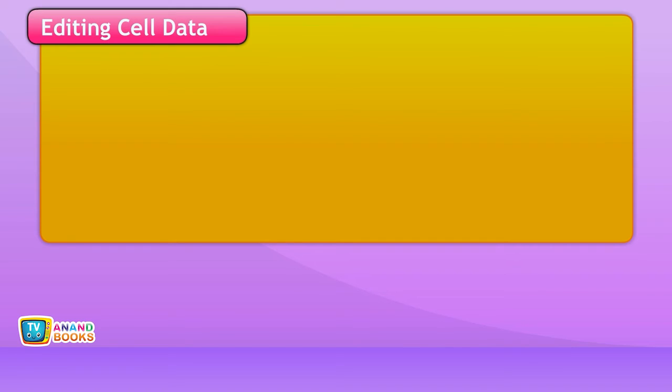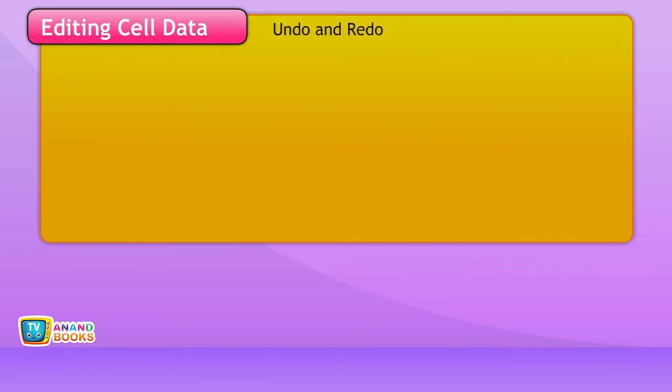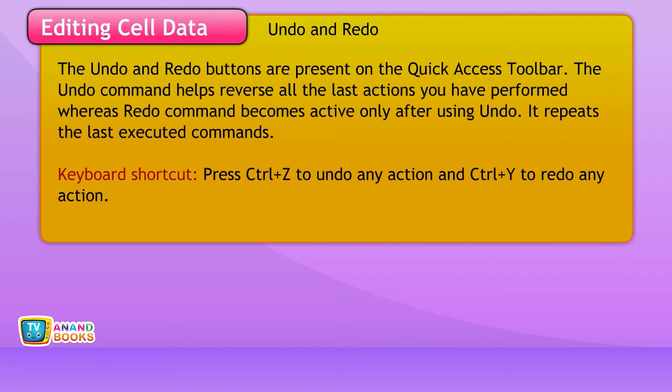Editing cell data. Undo, redo, copy, move and delete commands are used for editing cell data. Undo and redo. The undo and redo buttons are present on the Quick Access toolbar.